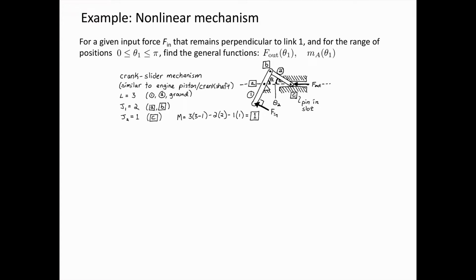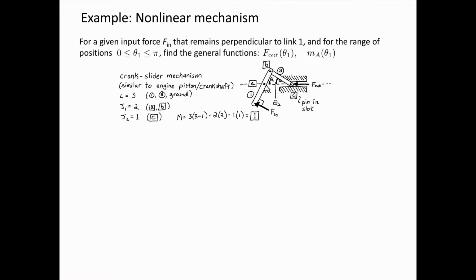Okay, let's look at an example where we pull all of this together, and we'll go through it in a little bit more detail. Okay, this is a crank slider mechanism, and we have an input force on link 1 at the bottom left.